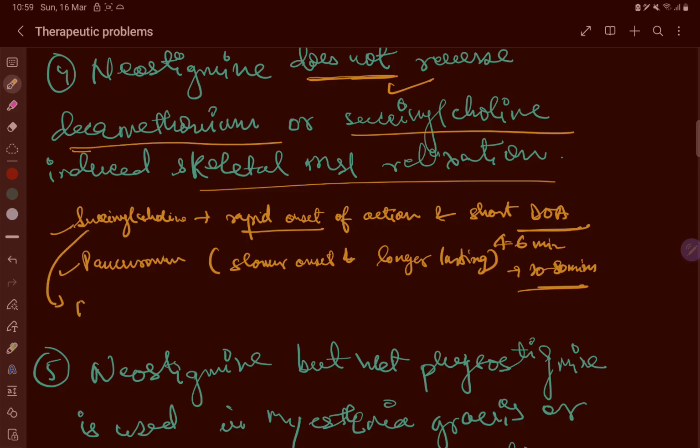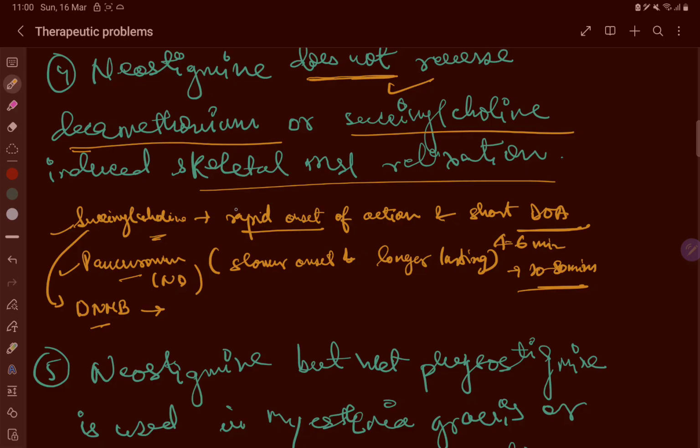It is a depolarizing neuromuscular blocker. Pancuronium was the non-depolarizing one. Succinylcholine works by persistently activating the nicotinic acetylcholine receptor, causing prolonged depolarization and muscle relaxation. So neostigmine cannot reverse this effect.